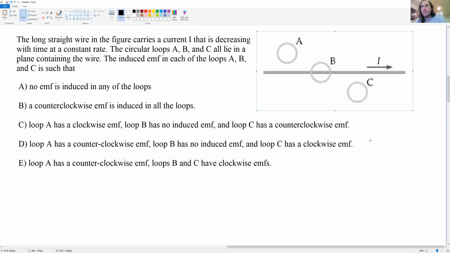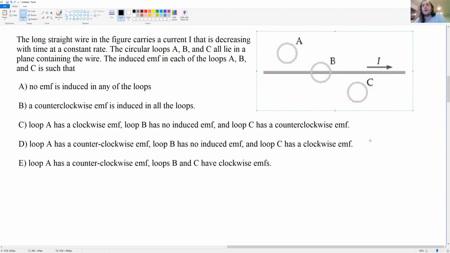The induced EMF in each of the loops A, B, and C is such that, and then for the answers: A, no EMF is induced in any of the loops. B, a counterclockwise EMF is induced in all the loops. C, loop A has a clockwise EMF, loop B has no induced EMF, and loop C has a counterclockwise EMF.